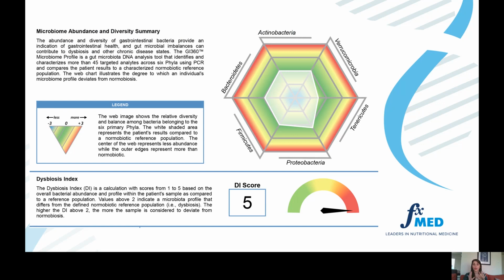And what GI360 has done is there is such an abundance of information about the microbiome that it can actually be really difficult or really time consuming to weed through what is actually evidence and what do we know about things in the gut.